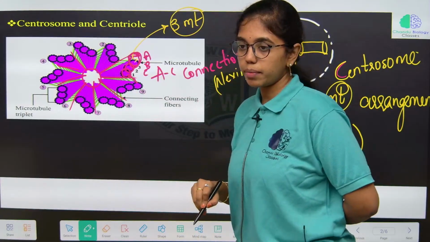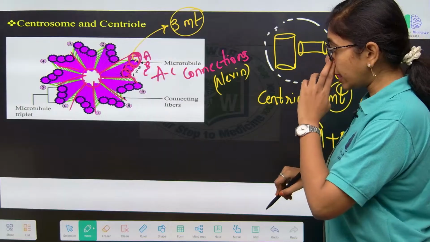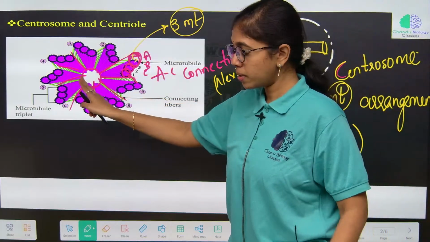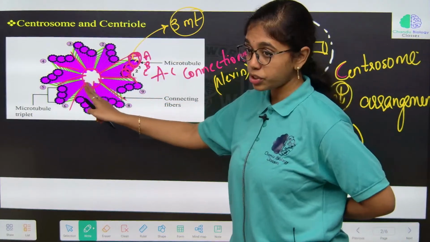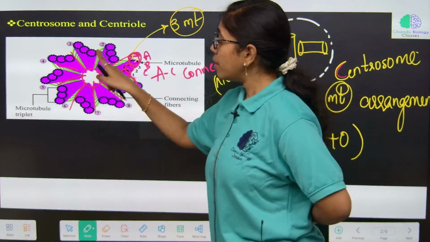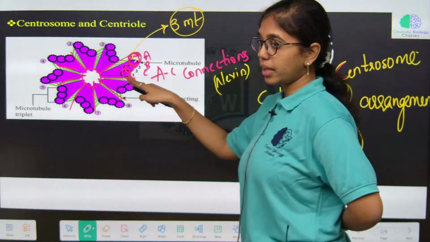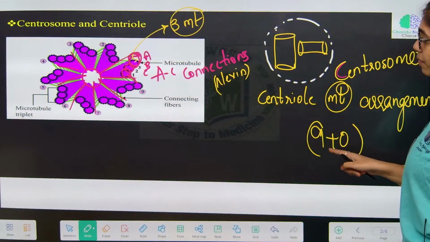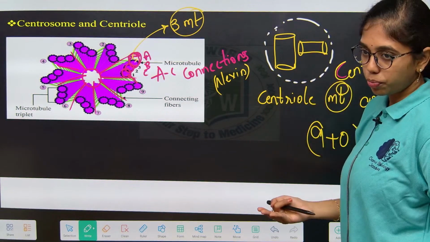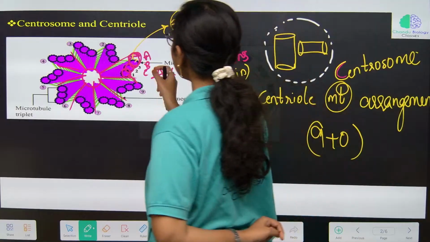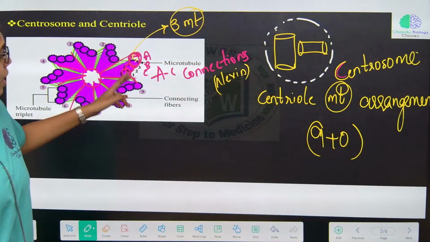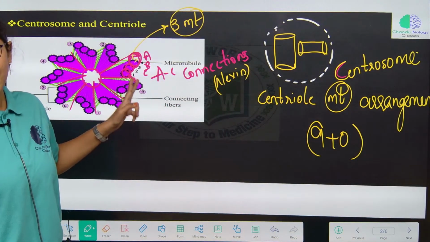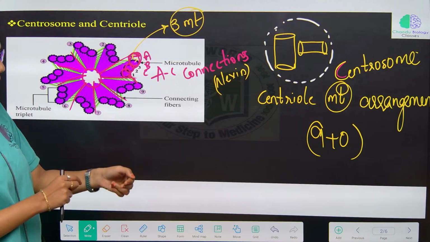At the center there is no microtubule, only the proteinaceous hub. From here 9 radial spokes radiate out, each having 3 peripheral microtubules, with AC connections by nexin protein.